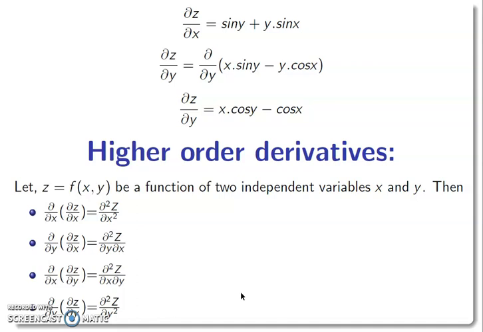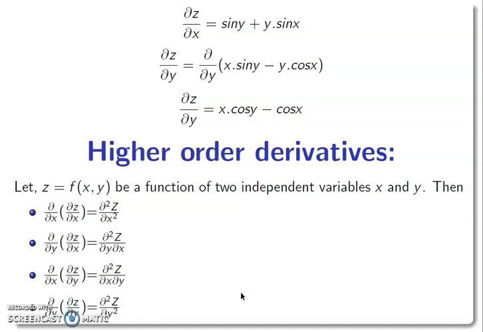In this case, terms of y and t are constant. The remaining two variables are treated as constants. Similarly, for dou z by dou y, we keep x and t constant, and differentiate the remaining terms with respect to y. Similarly, dou z by dou t is the partial derivative of z with respect to t. Okay, so this is the case when I have used the three variables x, y and t.